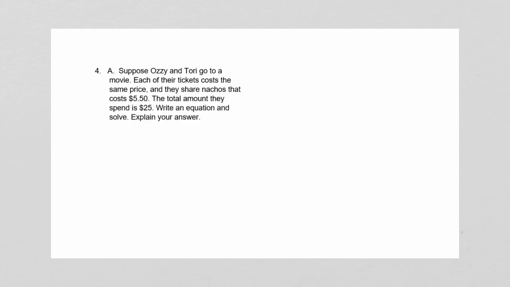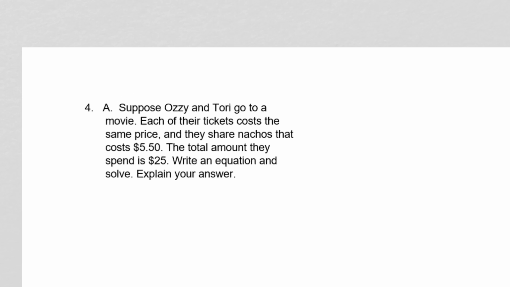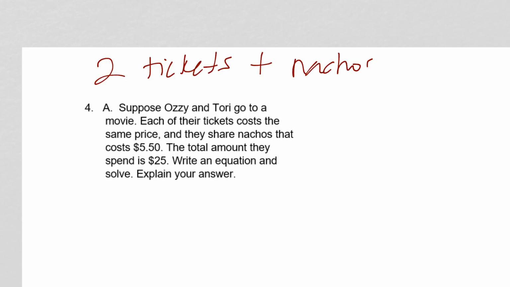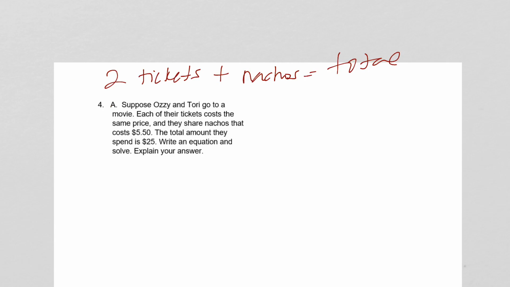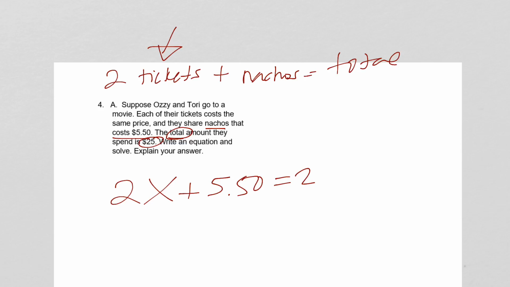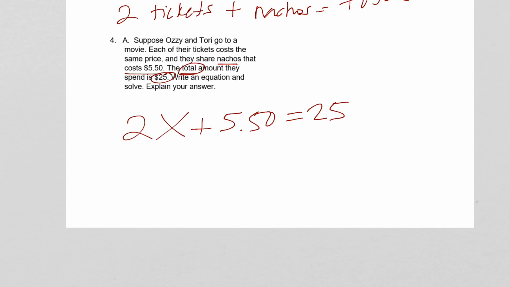This question, you need to read it. It's saying that you're going to buy 2 movie tickets plus nachos for your total cost. So we don't know how much the tickets cost, so the tickets are going to be x. So 2 times x for tickets plus the nachos cost $5.50, and the total that you're spending is $25. So I need to solve for x.